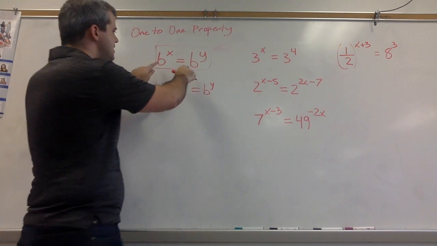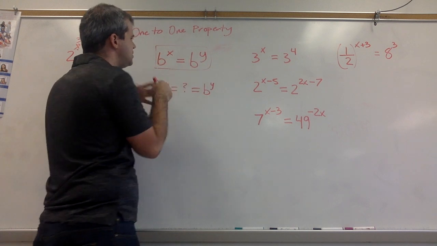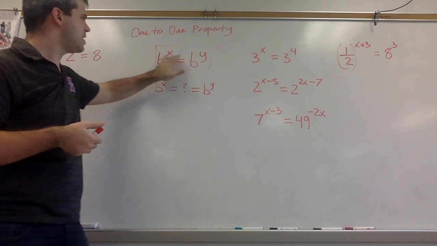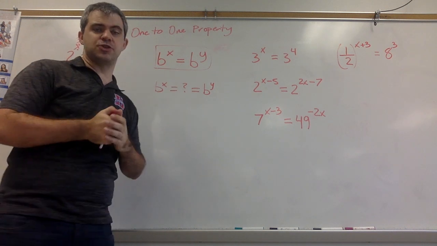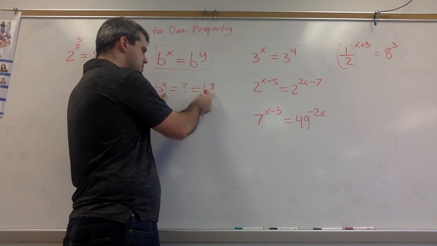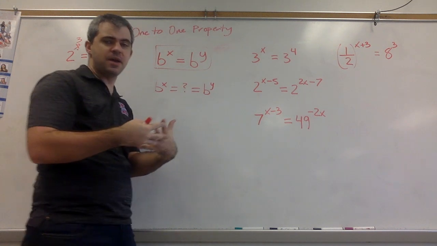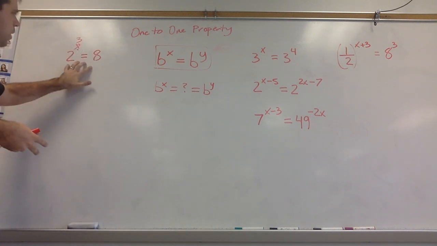Now, what that does is, let's say there's a scenario where you say that this is true: same base, but different exponents, or at least different expressions used for the exponents, but these exponentials are equal. What that means is these are both equal to the same value. Well, what did our one-to-one property say?